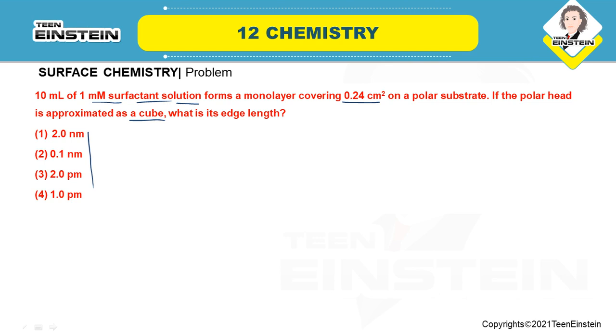Options are in nanometer. Here normally we are habituated to see this type of polar head, right? But suppose if it is not like that, if it is a cube, that is also possible. Now cube means all these lengths are same. Now one of the surfaces will be attached to the polar substrate. So suppose the surface is like this.